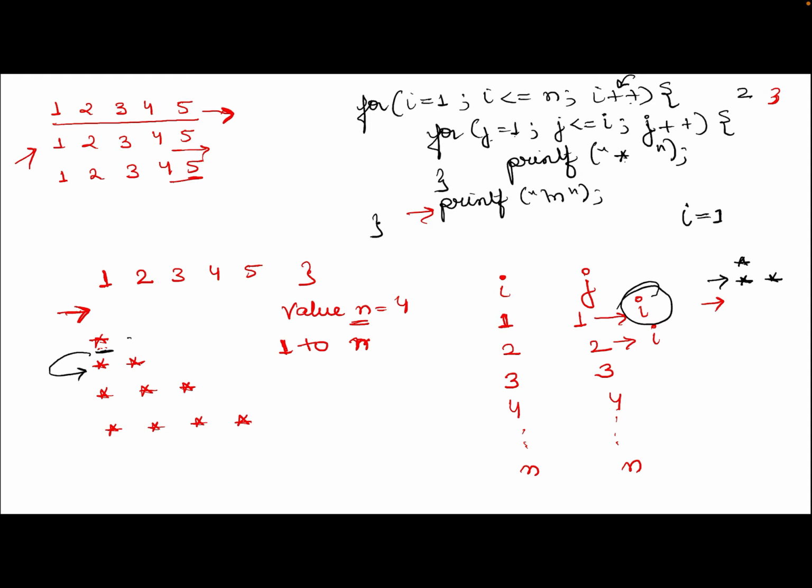Okay, let's take another example in which we print this kind of pattern. Here suppose this is my i, this is my j, and I start my loop by initializing i with n, instead of initializing i by 1.